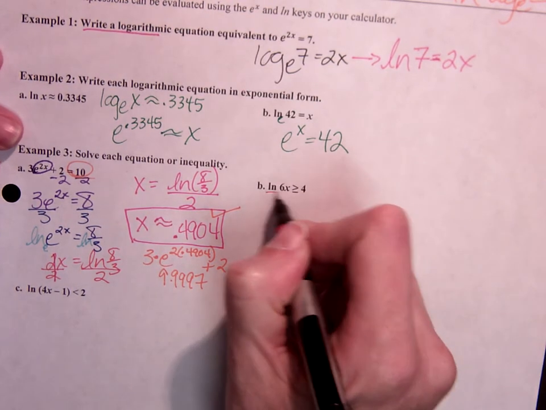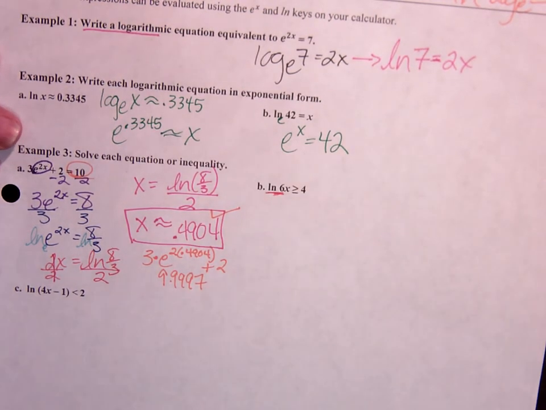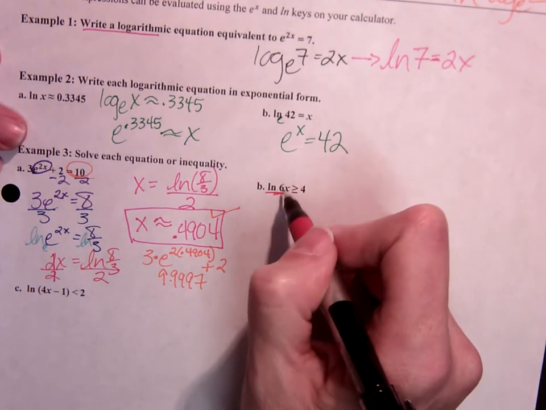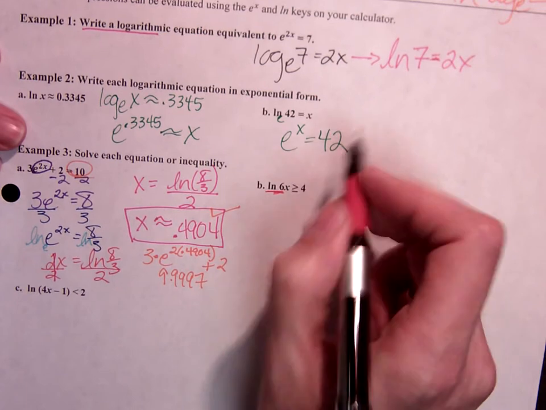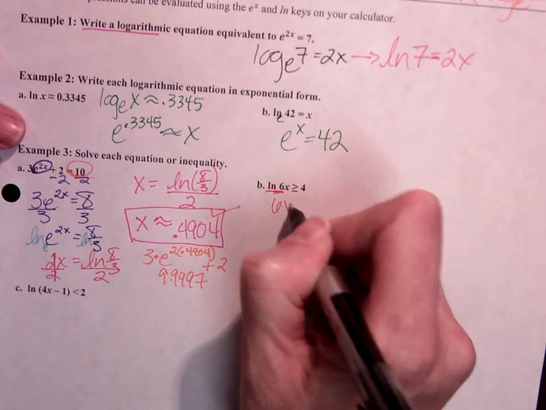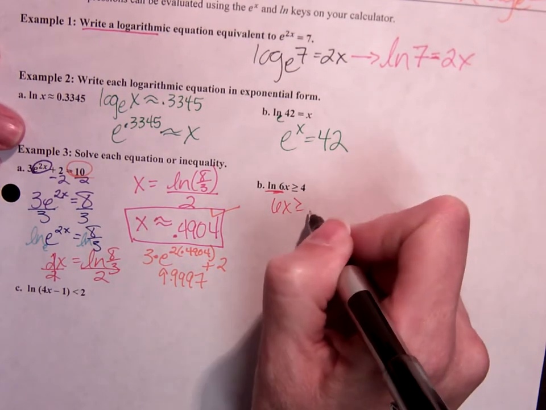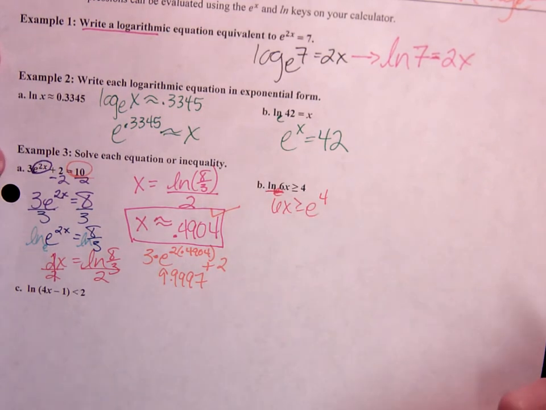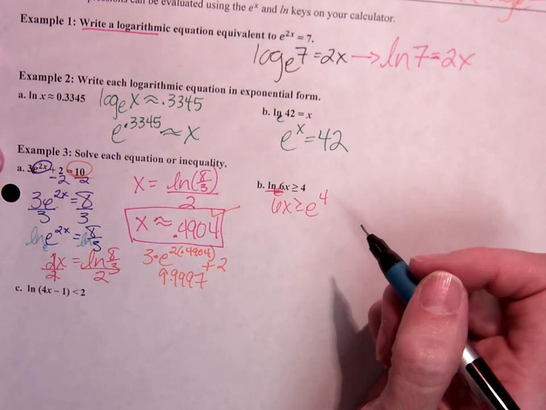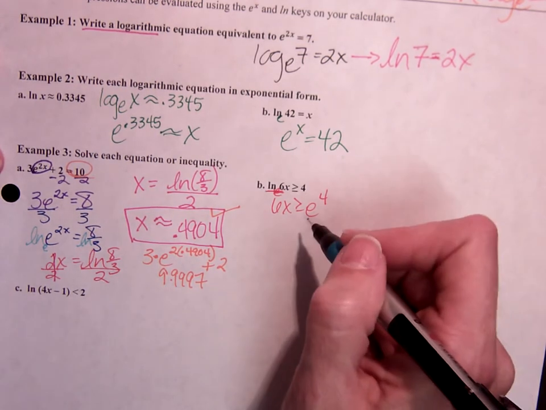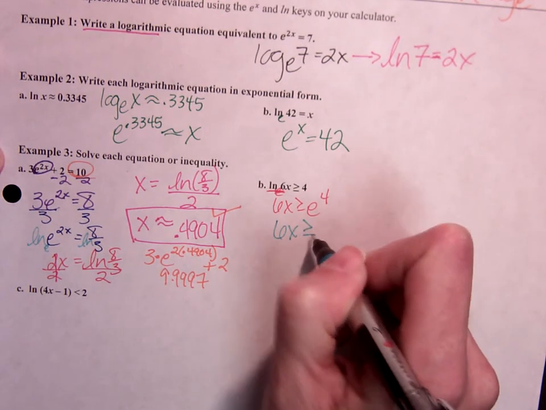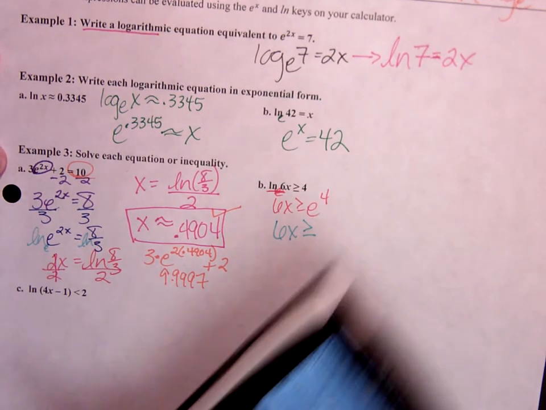I've already got the log term isolated here, so we're ready to go ahead and try to convert it to get at the 6x. So I know that 6x is greater than or equal to e to the 4th. At this point we can go ahead and approximate that.